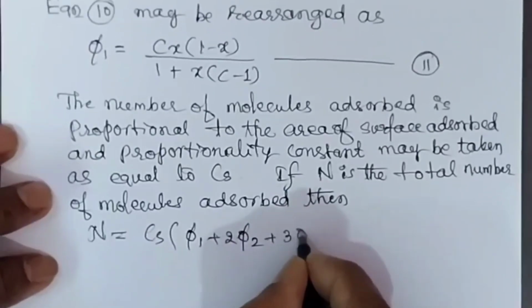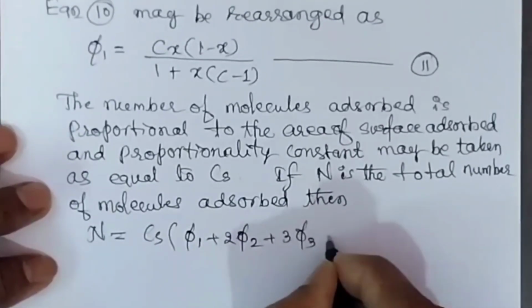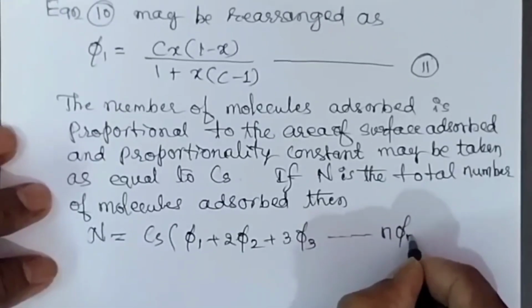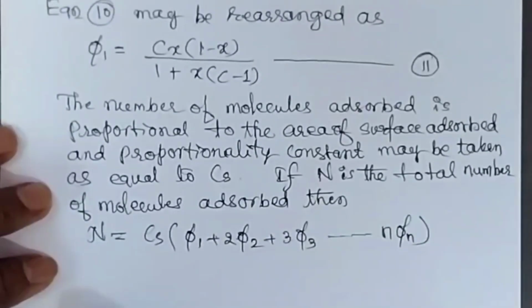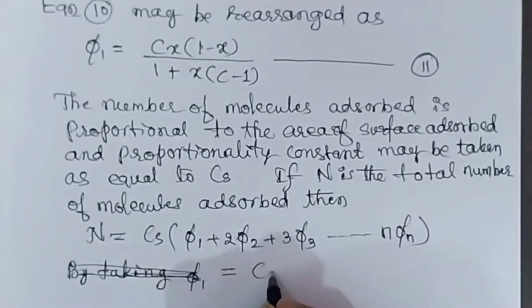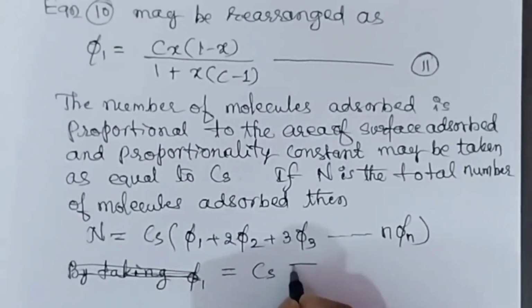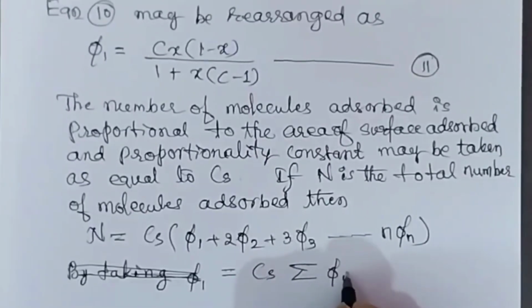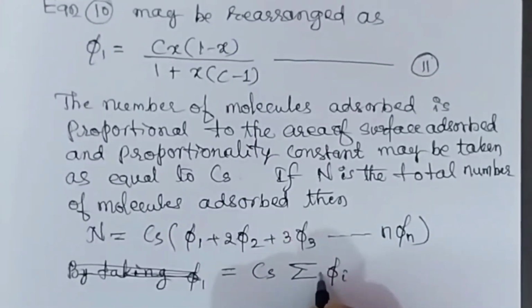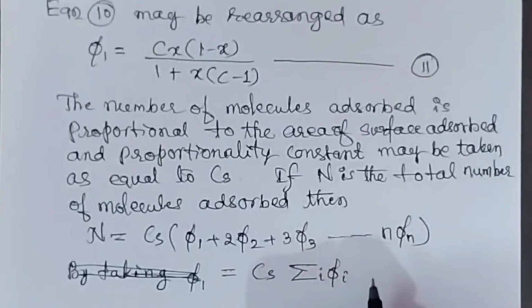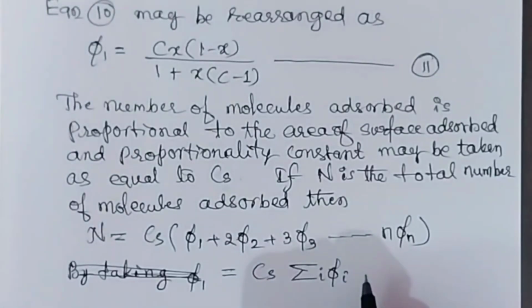Similarly, third layer multiplied by 3 and so on, nth layer multiplied by pi n. Okay, pi n, which is equal to Cs into bracket summation of pi I into pi I, summation of I into pi I.